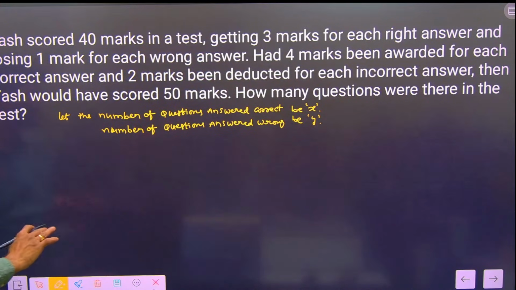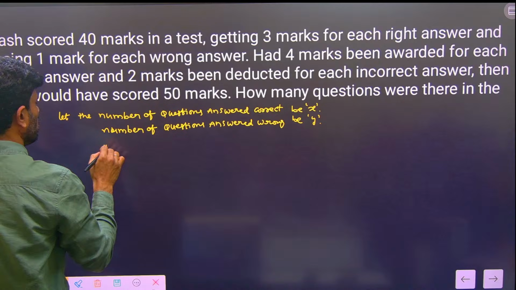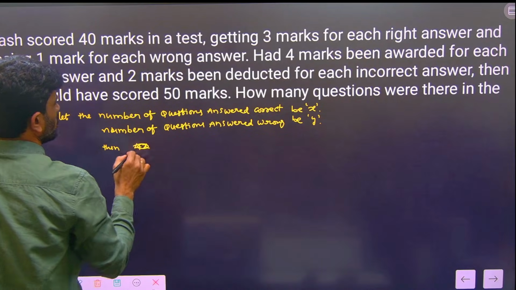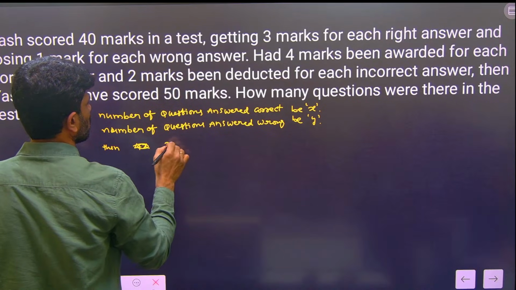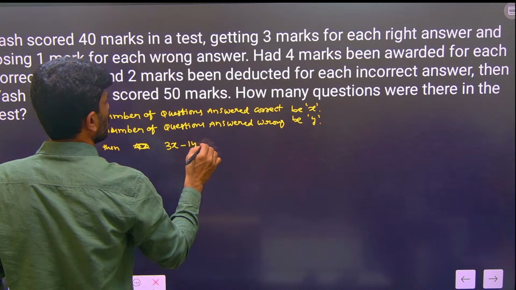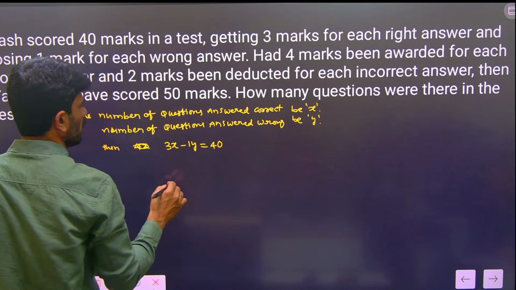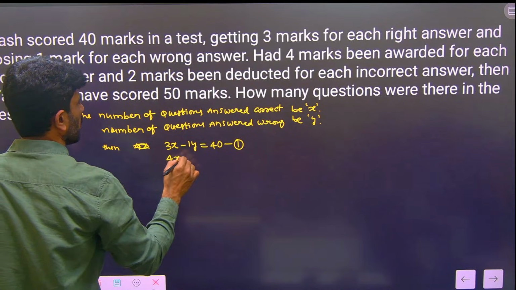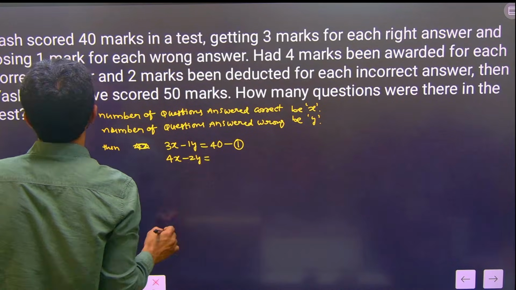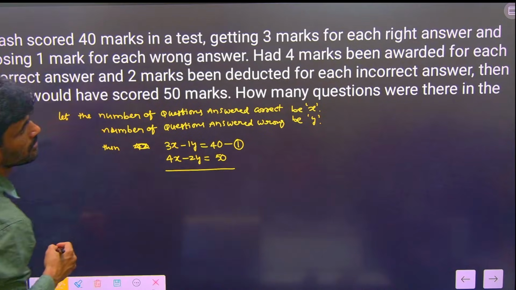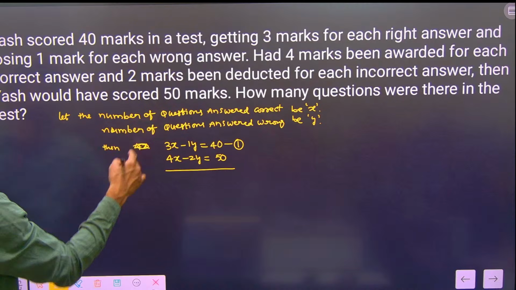Number of questions answered wrongly, y. Then in the first case, 3 marks are given for each correct question: 3x minus 1y is equal to 40 marks, equation 1. And in the second case, 4x minus 2y is equal to 50 marks, equation 2.